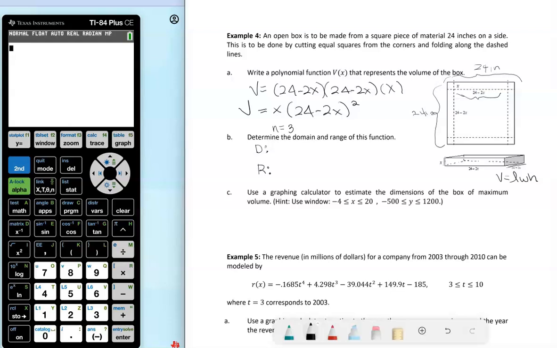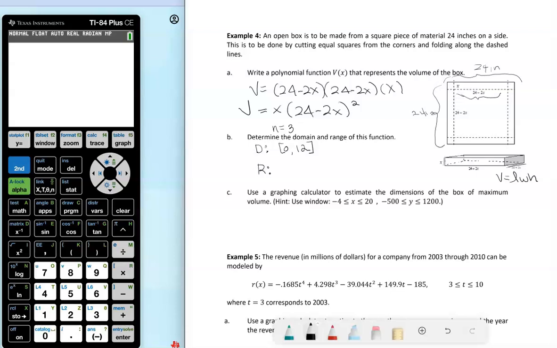So taking a look at the domain, I'm going to go ahead and include 0, even though a volume of 0 is meaningless to us here. But if I put a 0 in here, I get a volume of 0. And if I put a 12 in for x, I once again get a volume of 0. So our domain would be all of the x values between 0 and 12.